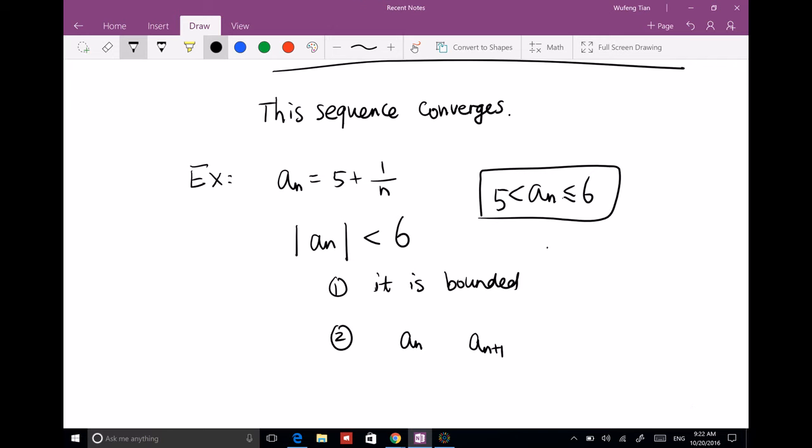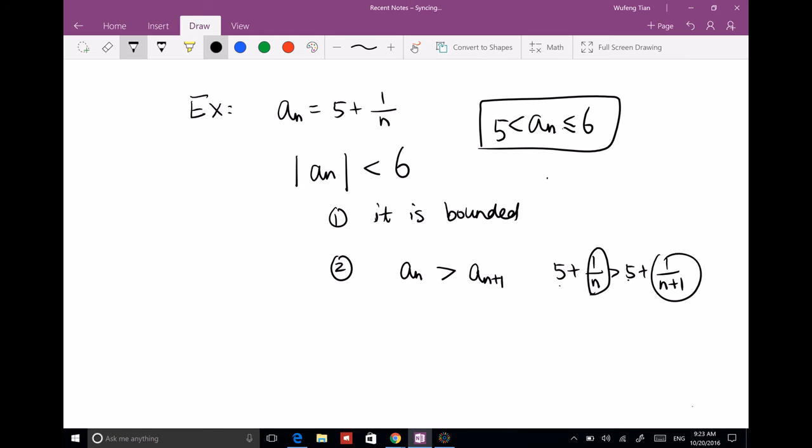Because it keeps decreasing. Okay, so a_n is bigger than a_(n+1), because 5 plus 1 over n is bigger than 5 plus 1 over n plus 1, right? They both have 5, but this one is bigger than the n plus 1. So a_n is bigger than a_(n+1). So this is a monotonic sequence, okay?